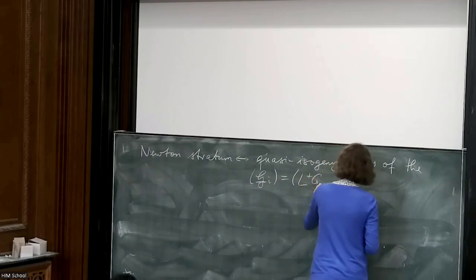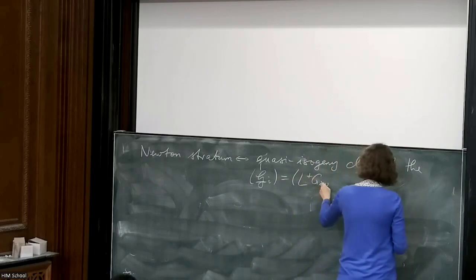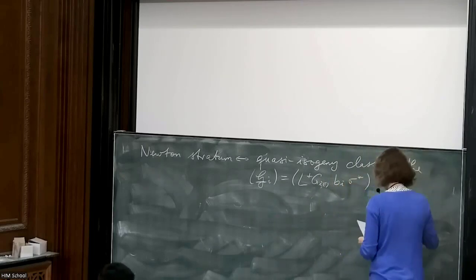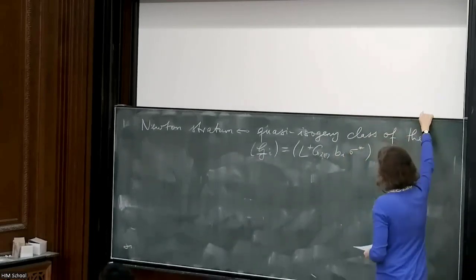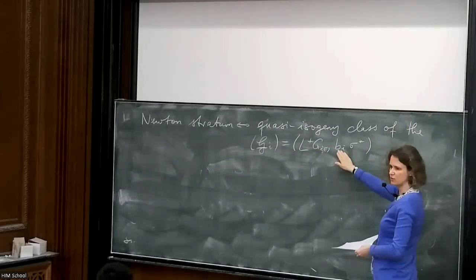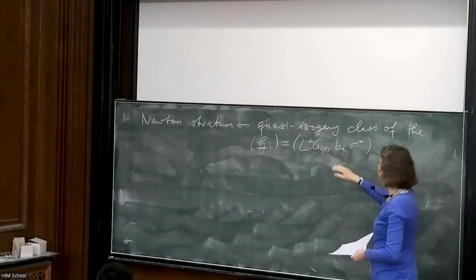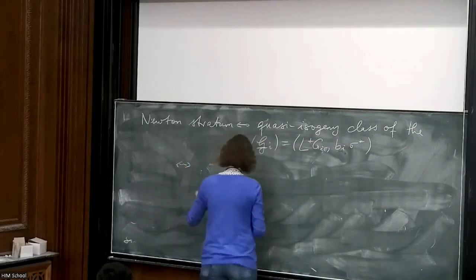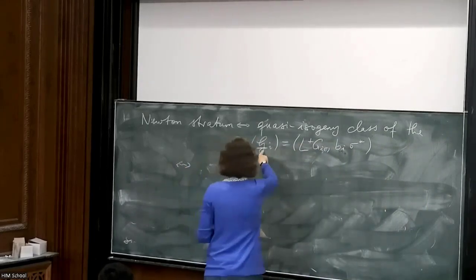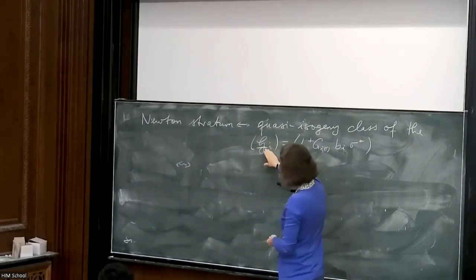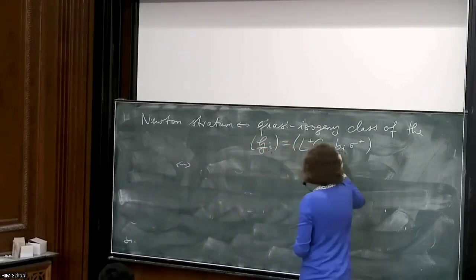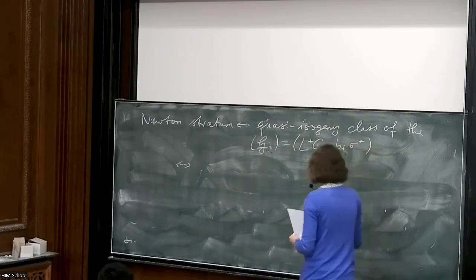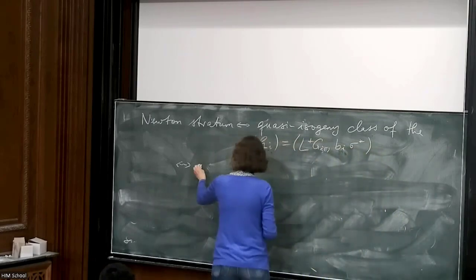Recall they were trivialized and the Frobenius was given by an element b_i. Quasi-isogeny on these b_i means that you can Frobenius conjugate b_i. So if you replace this by a quasi-isogenous datum, this means that you replace this b_i by a sigma conjugate.